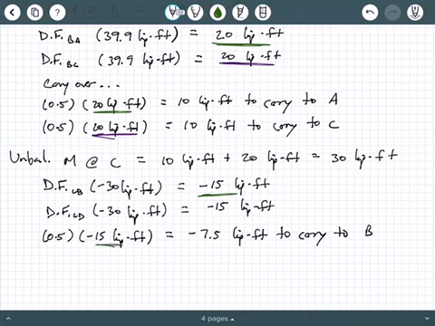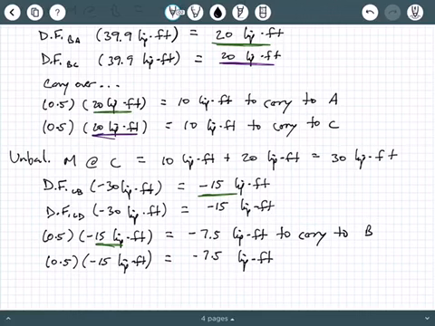So going with our color coding, this negative 15 is this one. And then we've got 0.5 times negative 15 kip feet equals negative 7.5 kip feet to carry to D. So where'd my color coding go? This negative 15 corresponds with this negative 15.